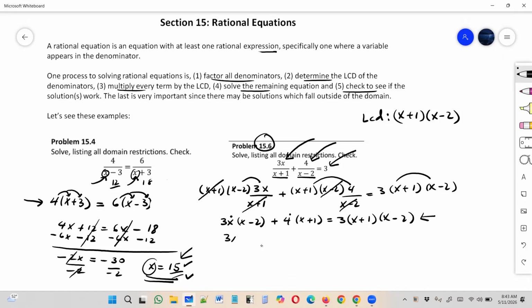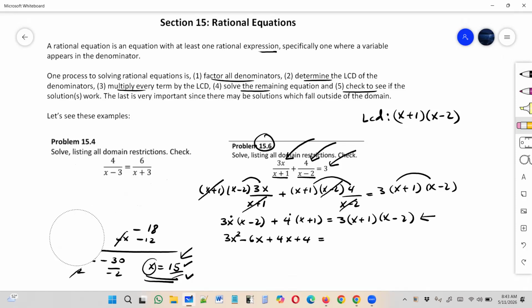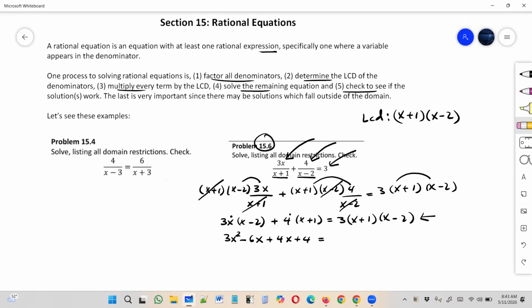So 3x squared minus 6x plus 4x plus 4 equals. I have to do this on the side. I'm going to erase this thing and do it over here because I'm going to need the space. So first I'm going to do x plus 1 times x minus 2. I have to FOIL this.